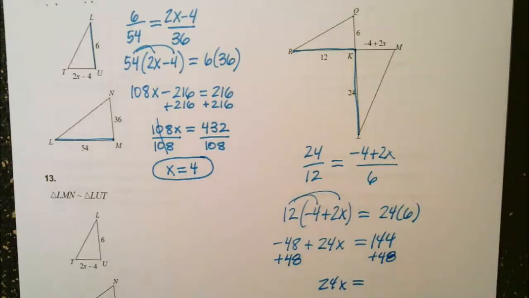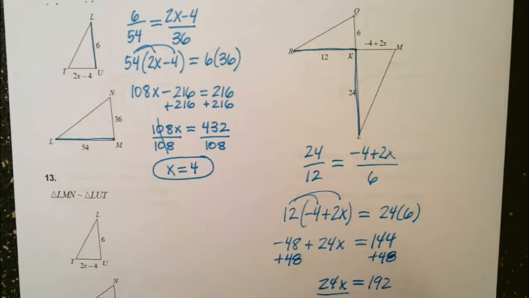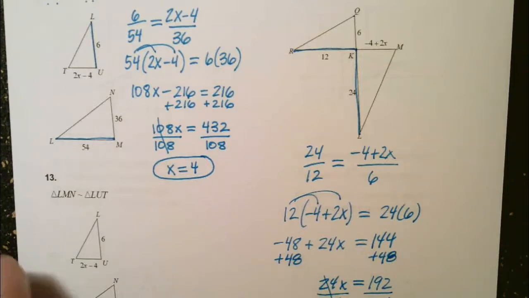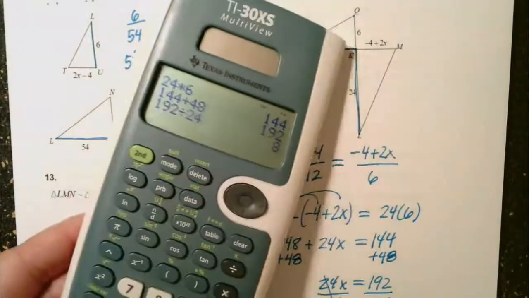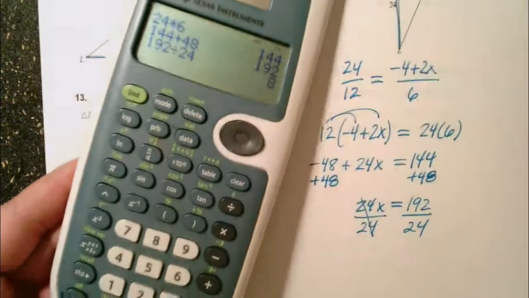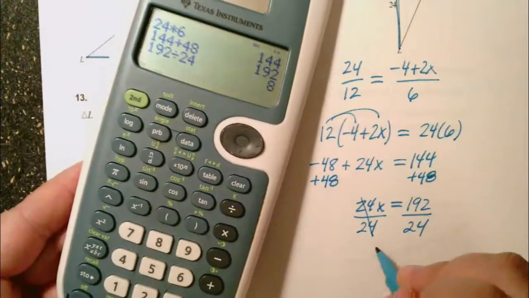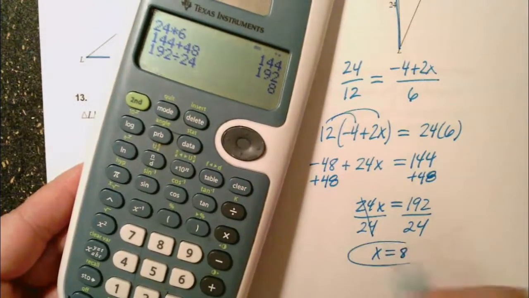That gives me 144 plus 48 is 192. And then I'll get to divide both sides by 24. And that gives me 8, I believe. I'm going to check. And it sure does. So there's the arithmetic I did on that one. And x is 8. And that's all I'm being asked for.